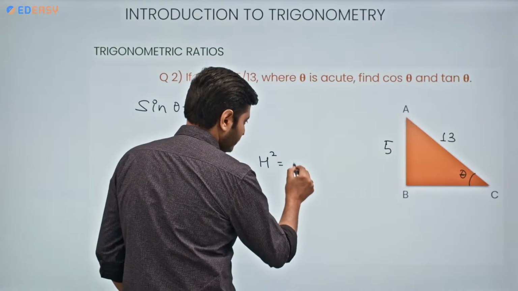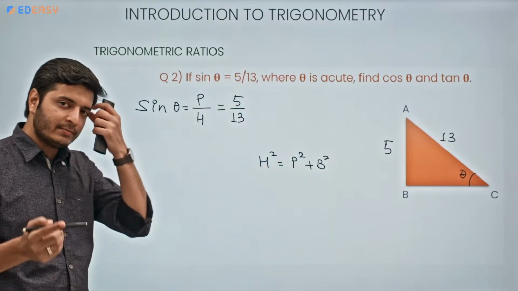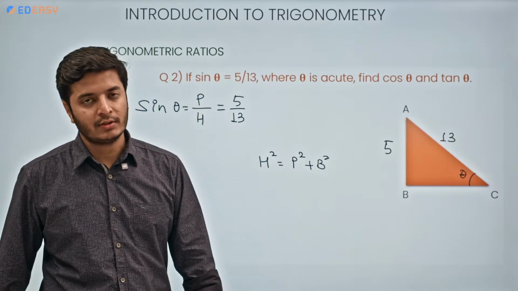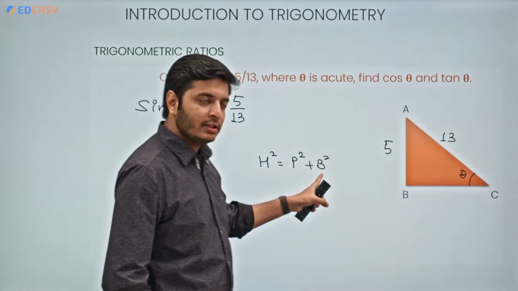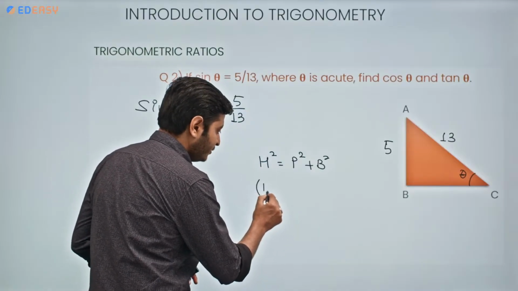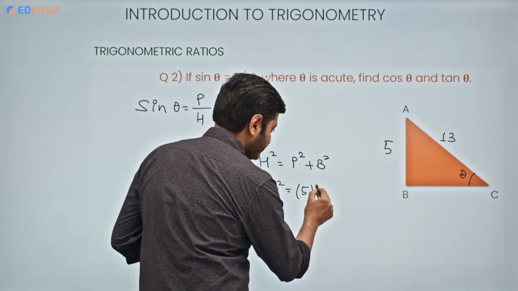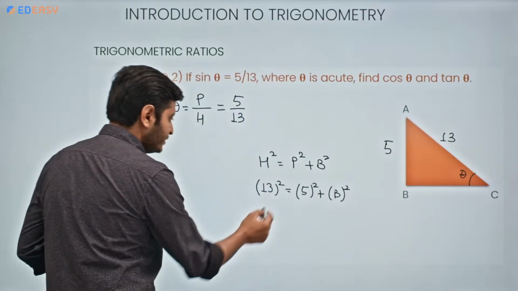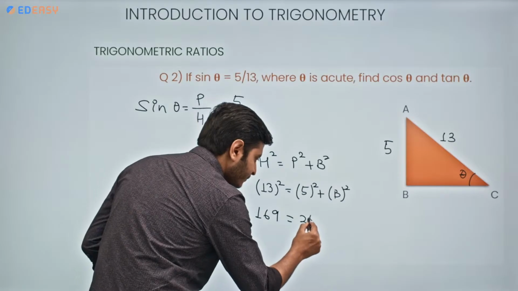H square will be equal to P square plus B square. Means hypotenuse square will always be equal to perpendicular square plus base square, or the sum of the squares of the other two sides. Now, this value I know, this value I know, this I don't, but I can easily find, correct? So, in place of H, I will write 13 square. In place of P, 5 square plus B square, I want to know. 13 square is 169. 5 square is 25.